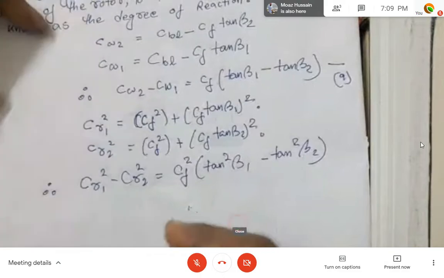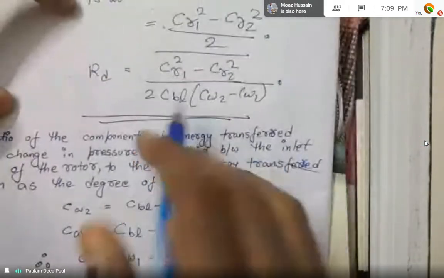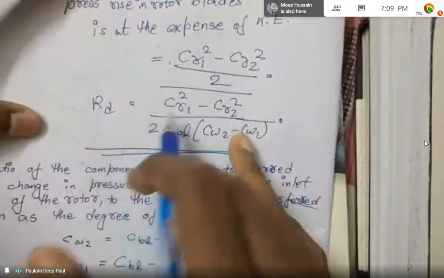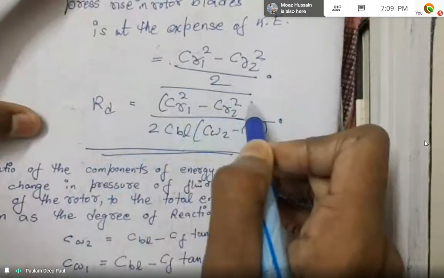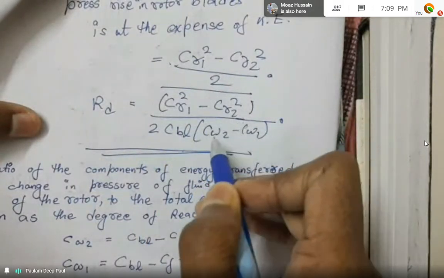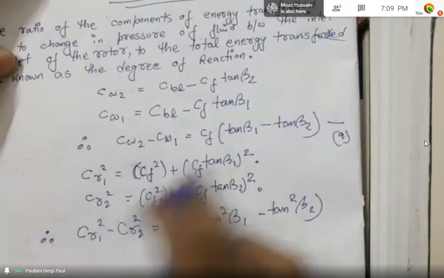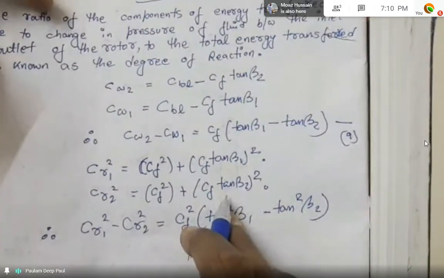We now have all the terms we need from the degree of reaction formula, that is Cr1 square minus Cr2 square and Cw2 minus Cw1, which we have already derived in detail by following the velocity triangle.